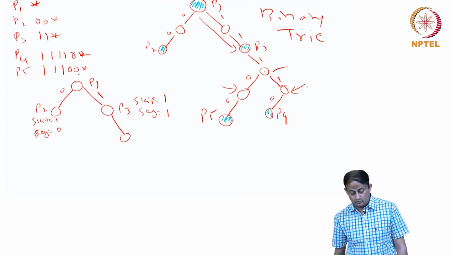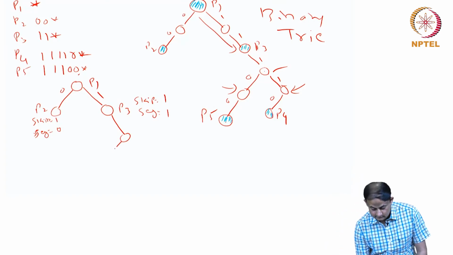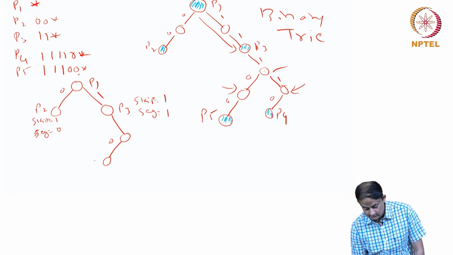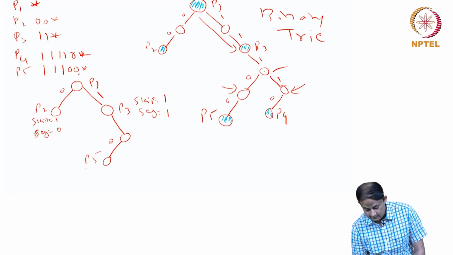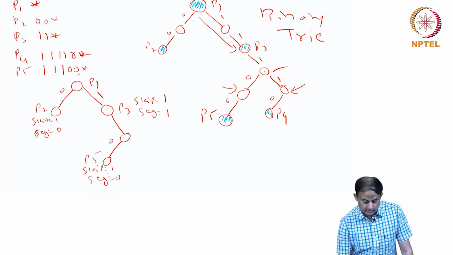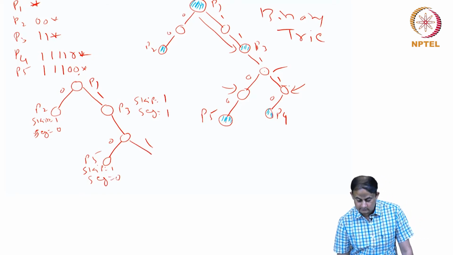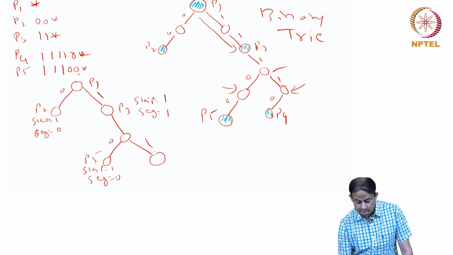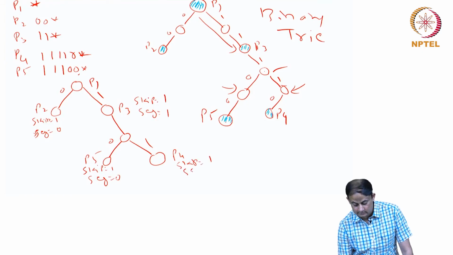Similarly this can be removed. So I retain the path label and make this P5, and the skip length is 1 and the segment that I skipped is a 0. And similarly I retain this label and make this my P4, and the skip length is 1 and the segment that I skipped is a 0.